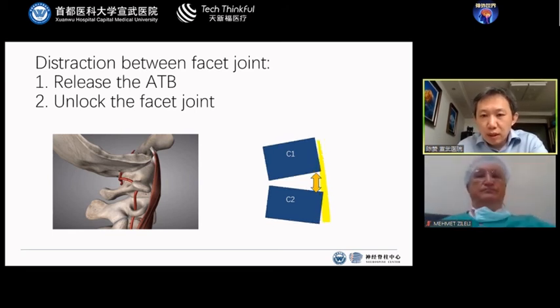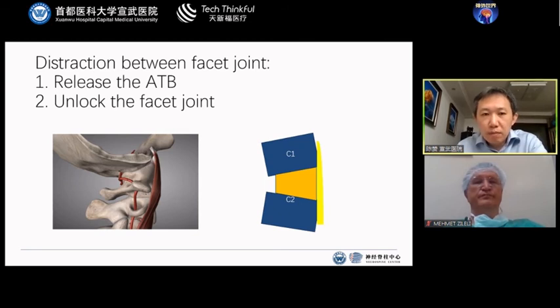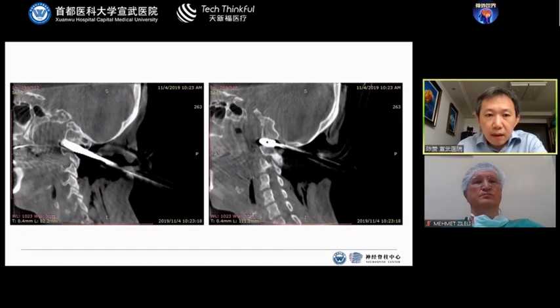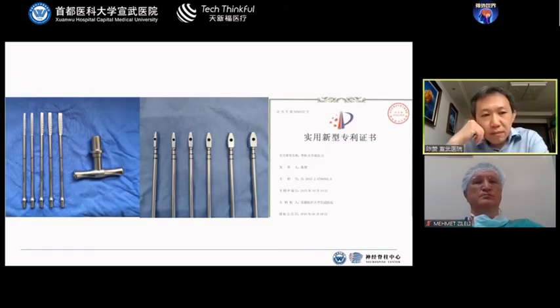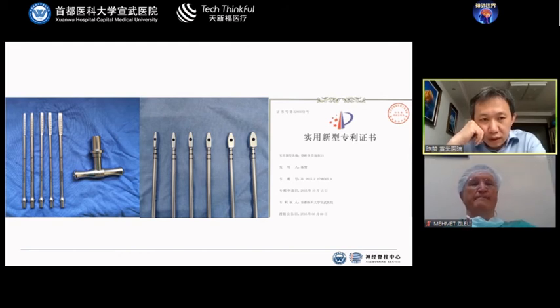First, we distract the facet joint, and by this technique we release the anterior tendon band, and then we place the cage in the facet joint to keep the facet joint space enlarged. I designed some surgical tools for this procedure.